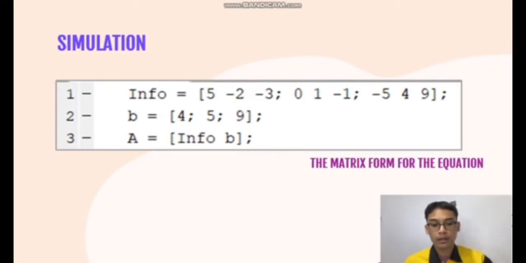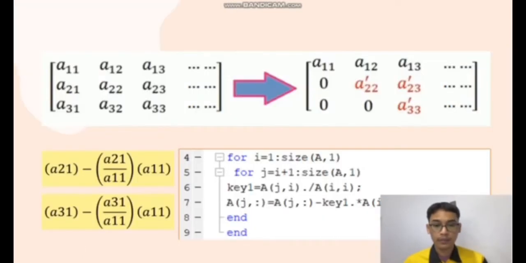So this part we declare as B, and in order to put the left hand side and the right hand side of the matrix into one form, we declare it as A, which is info and B. Now, as we know, we use the Gauss elimination method to get this type of triangular matrix, which will have 0 for this part.